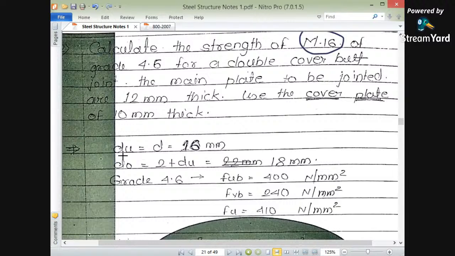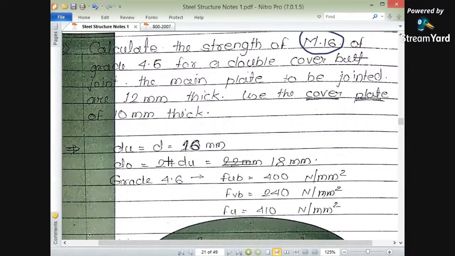Next, the M16. So 16 is the diameter of the bolt. Here I have written small d is equal to 16 mm. The diameter of bolt is 16 mm, and the diameter of hole is taken as 2 extra as a safety margin, so 2 plus d.